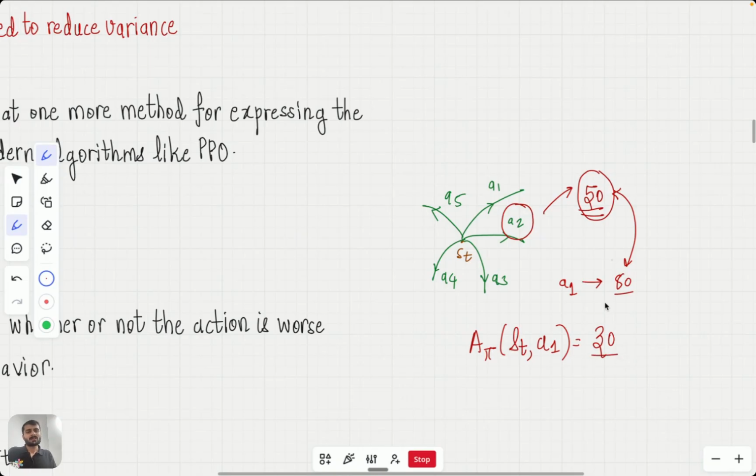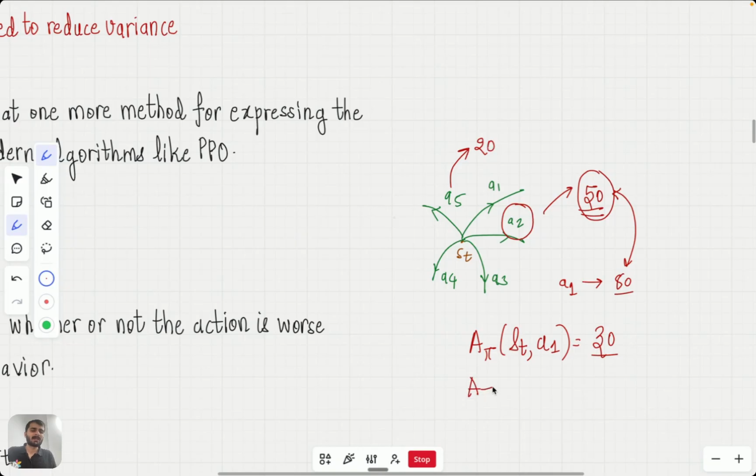So if the advantage is positive, it means that whatever action you are looking at, it is better than the policy's default behavior. But now let's say A5 has a cumulative expected reward of 20.